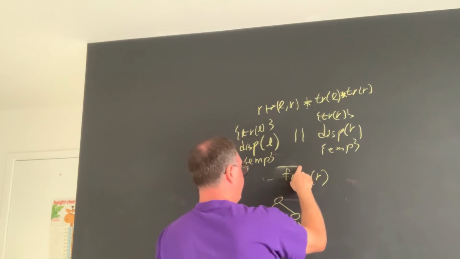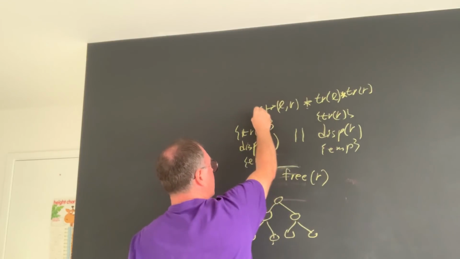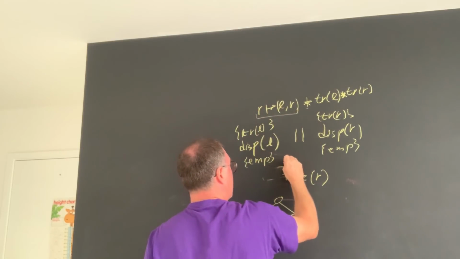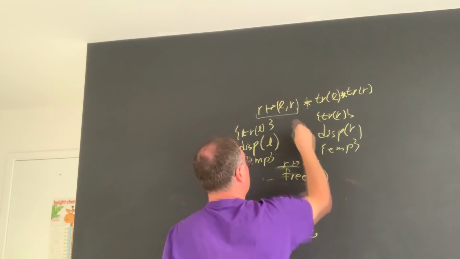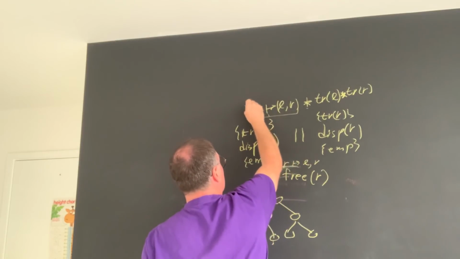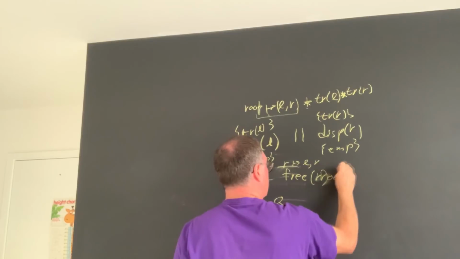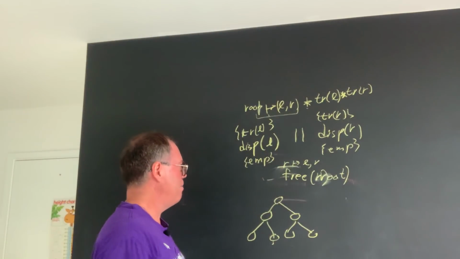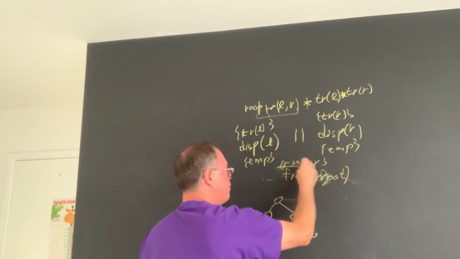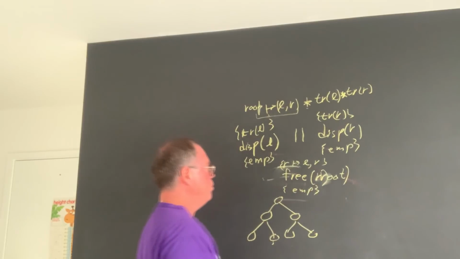And then after I remove all the nodes in the subtrees, I've still got this thing R. Let me call this root. See, this is what we end up doing on the blackboard. We end up rubbing things out and putting them back in. And then I just free this single node, and I've removed all the nodes in the tree.